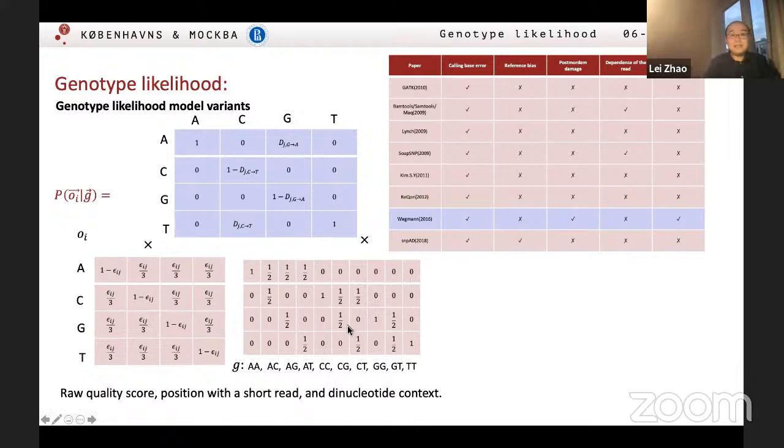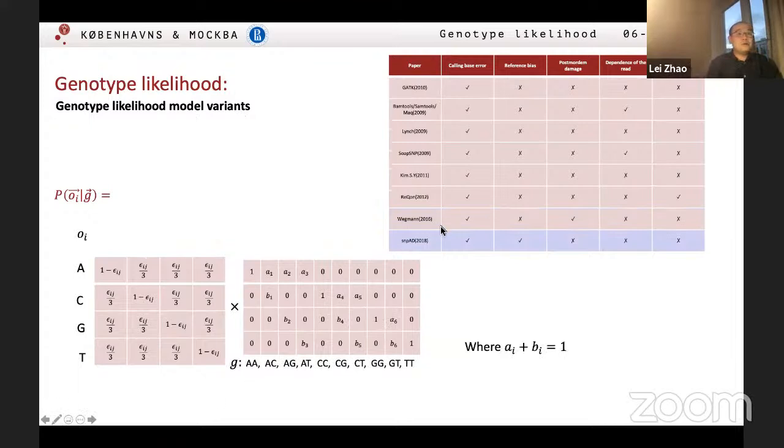Apart from this reference bias matrix and this base calling error matrix, they plug in this kind of postmortem damage matrix, and they estimate the whole picture of the genotype likelihood in the context of ancient DNA. They take into account the raw quality score, position in a short read, and they also take into account, suppose you got a reference, the nearby reference nucleotide, like AC, CT, the adjacent nucleotide, rather than just using one nucleotide to estimate the error.